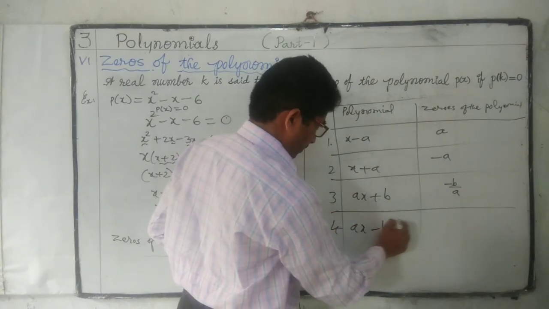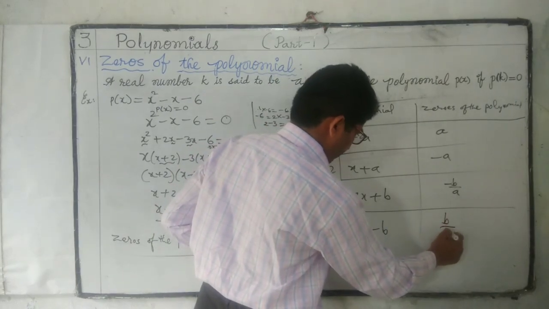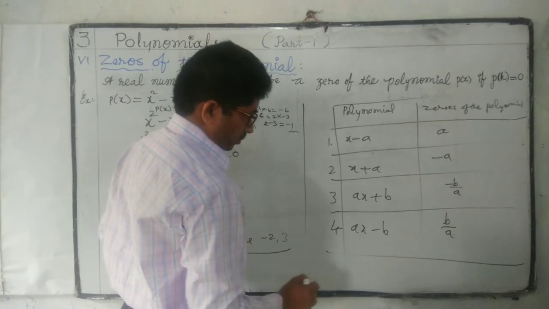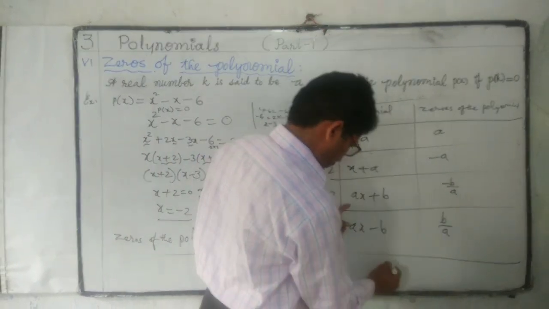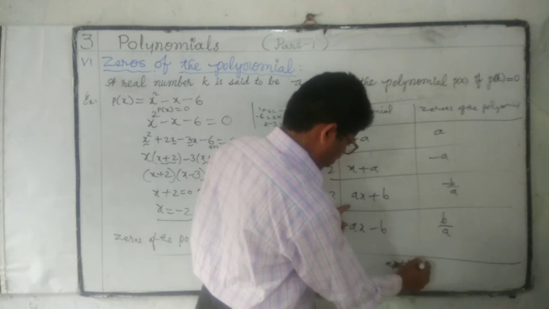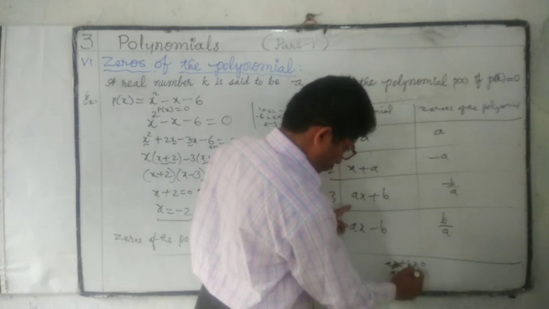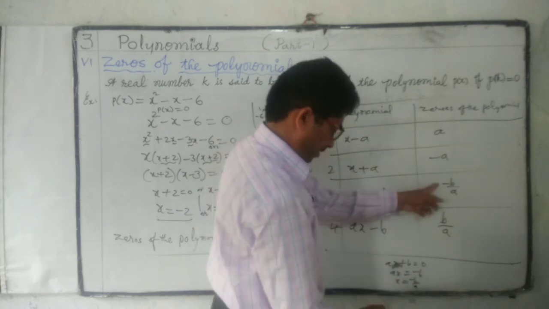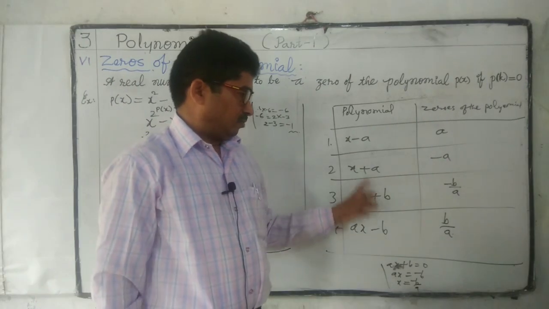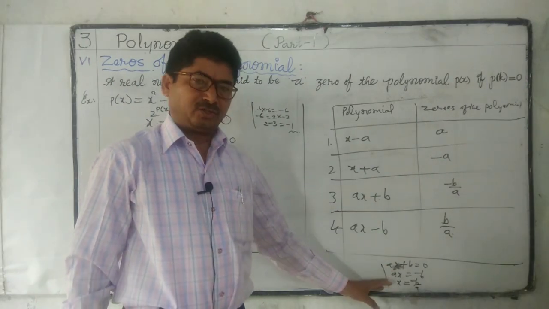How do we get this? ax plus b is equal to 0, ax is equal to minus b, x is equal to minus b by a. We got it. So like this we can say it without doing this process also.